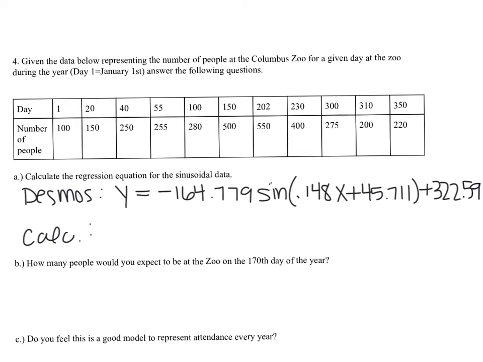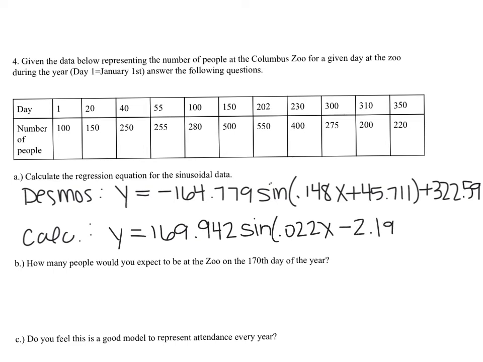And if you use your calculator to get the equation, you should get y equals 169.942 sine of 0.022x minus 2.196, plus 354.93.